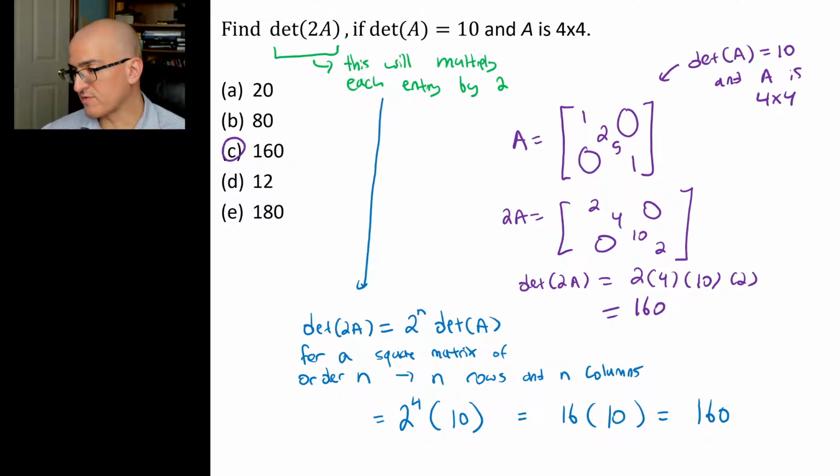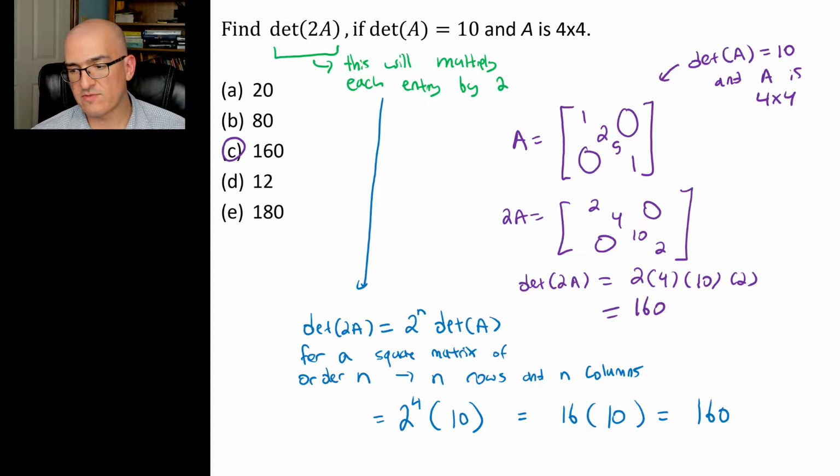And if I have to do that several times, well, how do I say this? Every row gets hit by 2. So every row that enters into your cofactor calculation gets multiplied by 2.